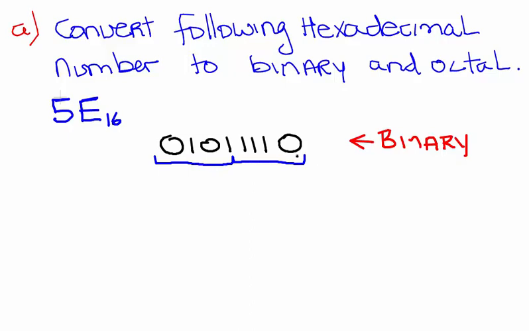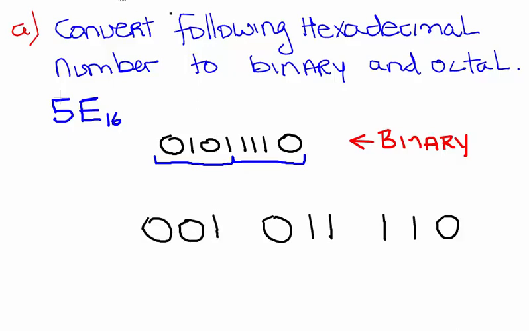So what I'm going to do is start from the right hand side and write out the number again, going in triplets. 110, 011, and then 001. Just to show you what I mean, I'll rewrite it like this. This is the first triplet from the right, and this is the second triplet.